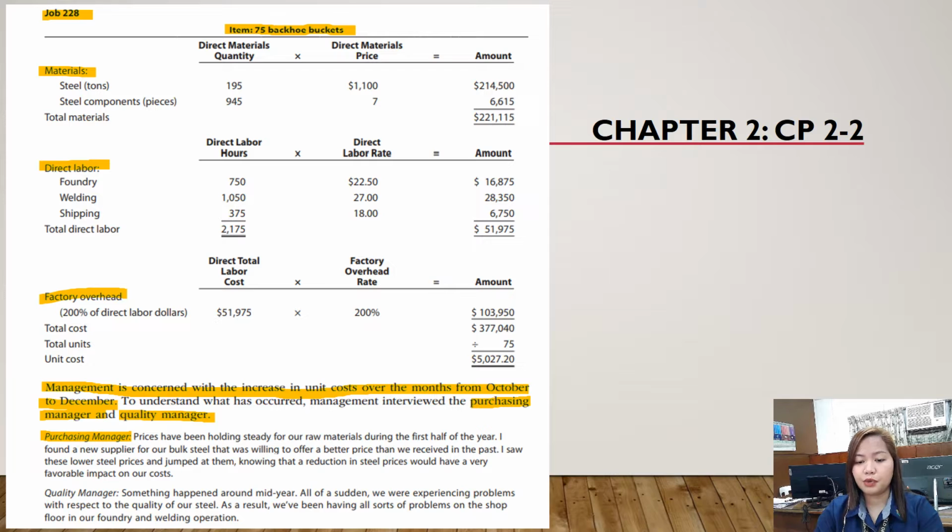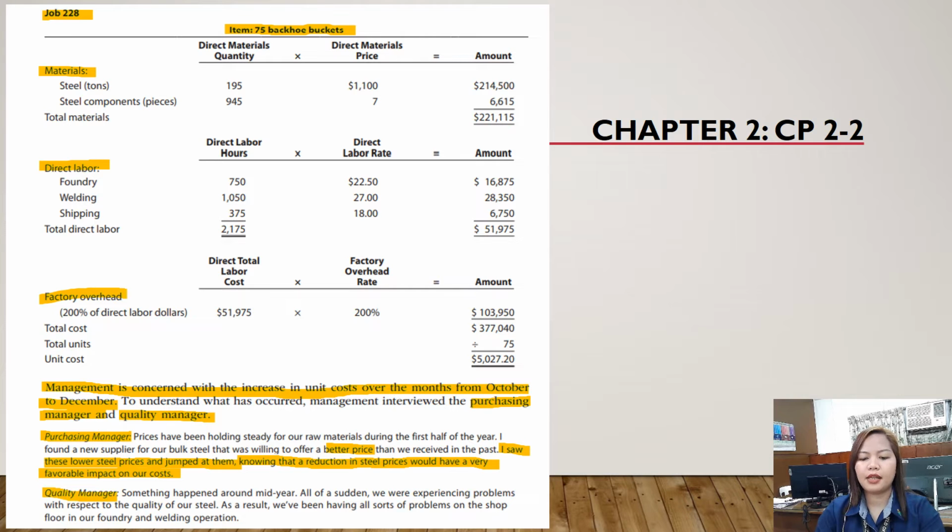I found a new supplier for our bulk steel that was willing to offer a better price than we received in the past. I saw these lower steel prices and jumped at them, knowing that a reduction in steel prices would have a very favorable impact on our costs. So that was the statement of the purchasing manager.